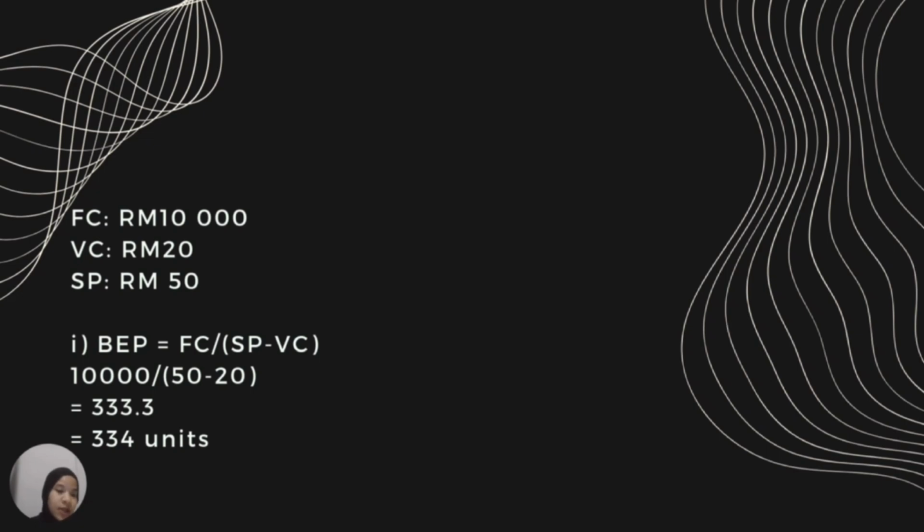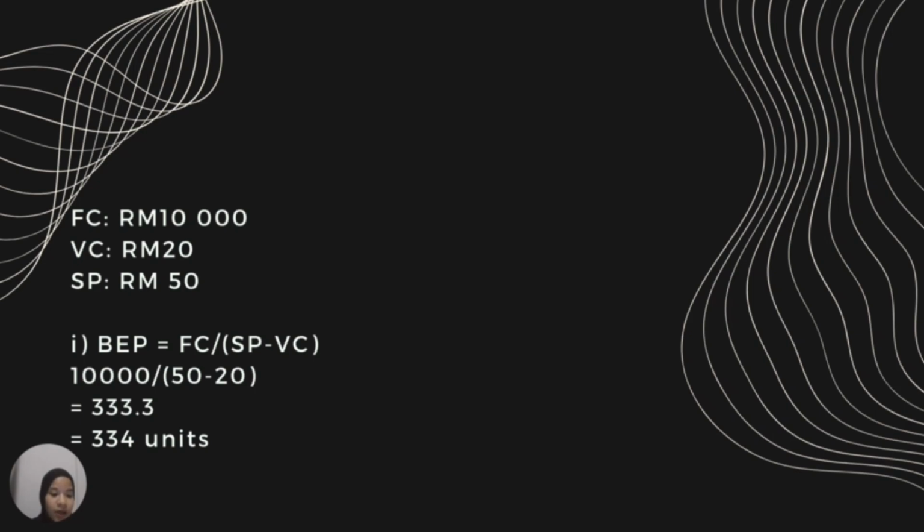So the question gives fixed cost is 10,000, variable cost per unit is 20 and selling price per unit is 50. So BEP equals FC divided by (SP minus VC). So 10,000 divided by (50 minus 20).